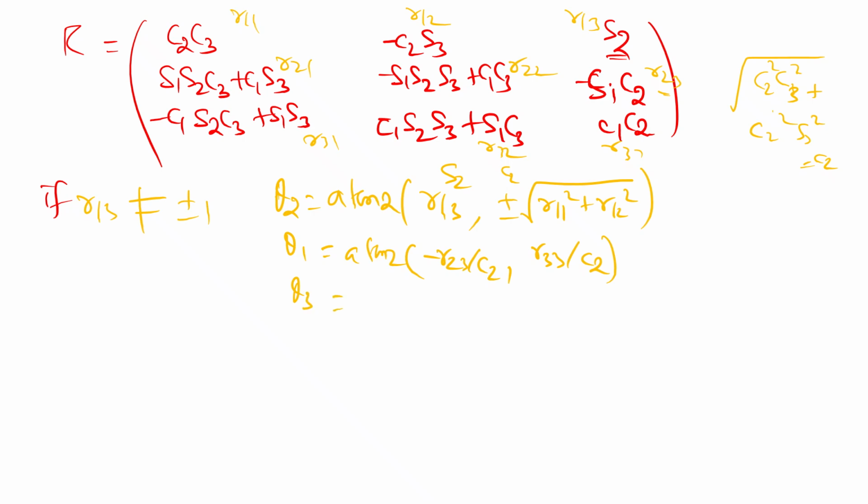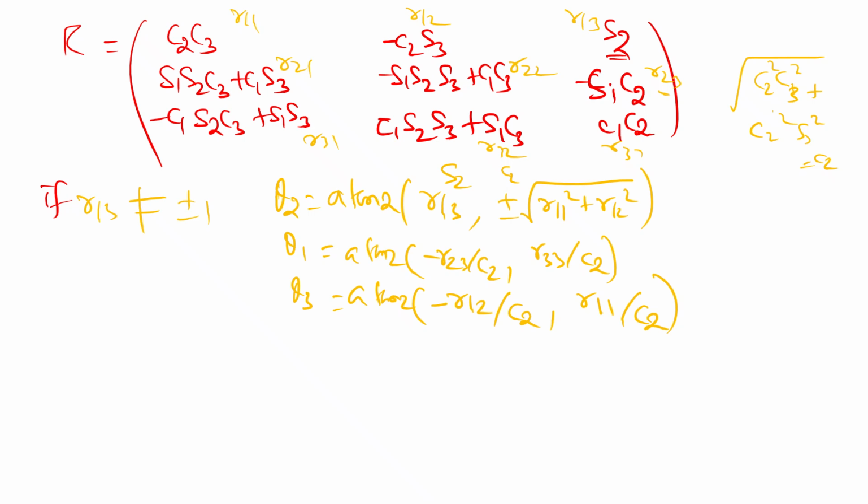Then theta 3. First I need sine 3. So arctan2 of minus R12 divided by C2 and then R11 divided by C2. So this is when R13 is not equal to plus or minus 1.